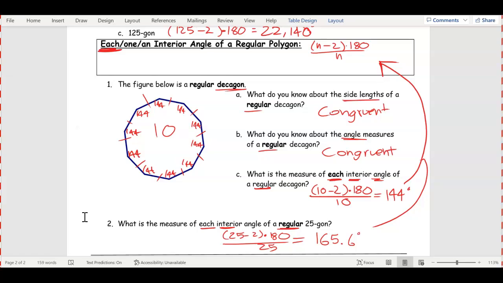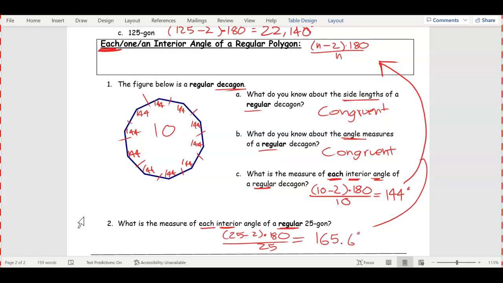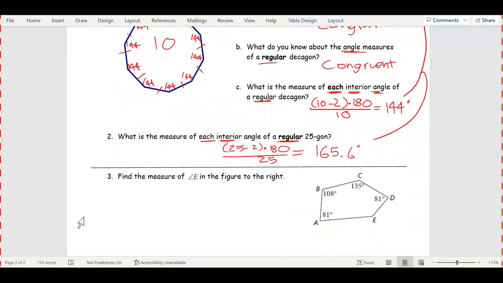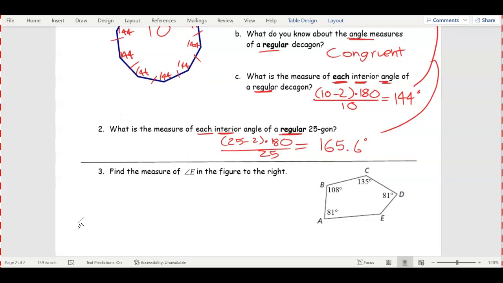So do you see how I'm using that new formula for each interior? Okay, last one here. How do you think I want to find E?